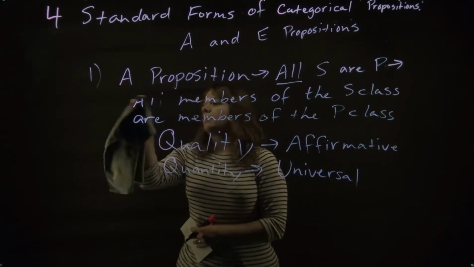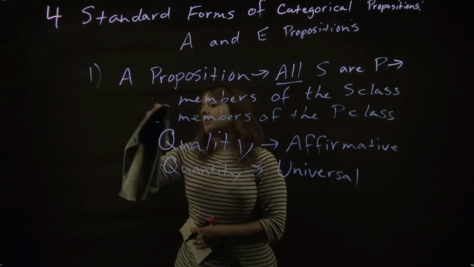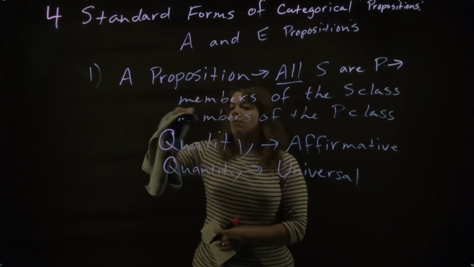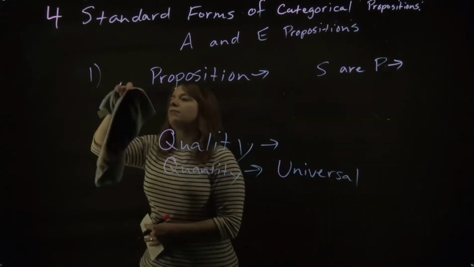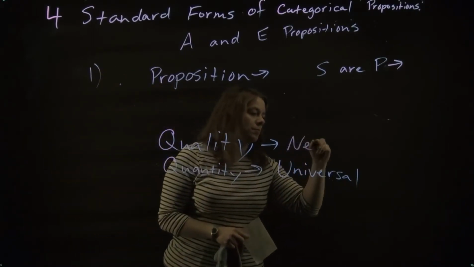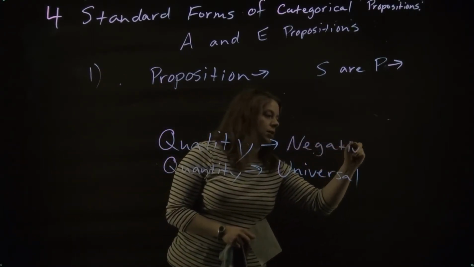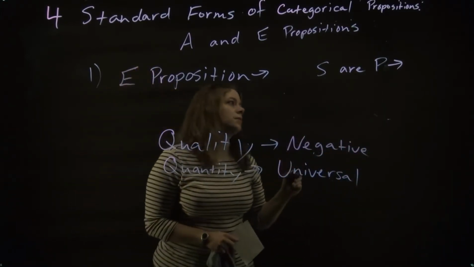So let's talk about another universal proposition, one that is universal but is not affirmative. In this case, it would be what we call a negative universal. Negative universal propositions are what we also call E propositions.